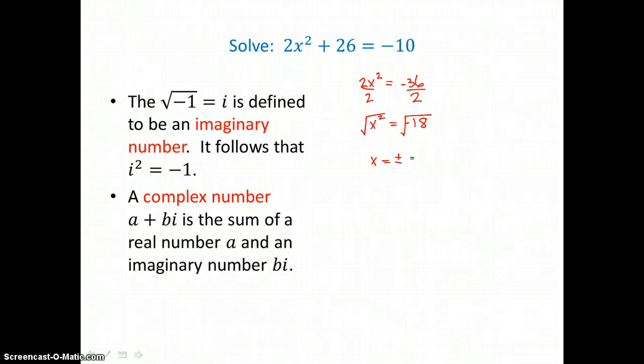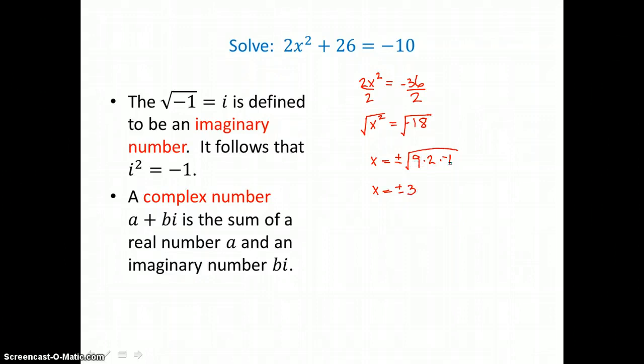So what I have here is an imaginary number, and I'm going to simplify that imaginary number by factoring negative 18. The perfect square factor in 18 is 9. So I'm going to factor 18 into 9 times 2, but then I have that factor of negative 1 also, which is our imaginary number. So simplifying again using our product property of square roots, I can take the square root of 9, that's 3.